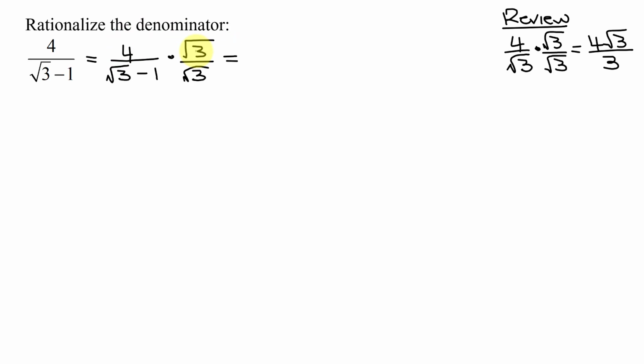So I'm going to get 4 times the square root of 3 divided by, now I'm going to have to distribute this square root of 3 into this parentheses. I'm going to get the square root of 3 times the square root of 3, which is the square root of 9, which is 3, minus 1 times the square root of 3, which is minus the square root of 3.